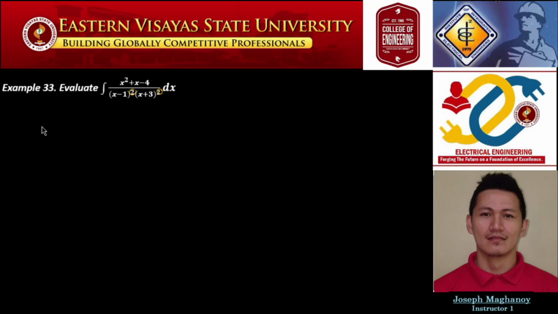So rewriting our function, that is x squared plus x minus 4 all over quantity x minus 1 squared, x plus 3 squared. Observing the power, it means that you're going to use x minus 1 twice and x plus 3 twice for you to have 4 partial fraction decompositions.